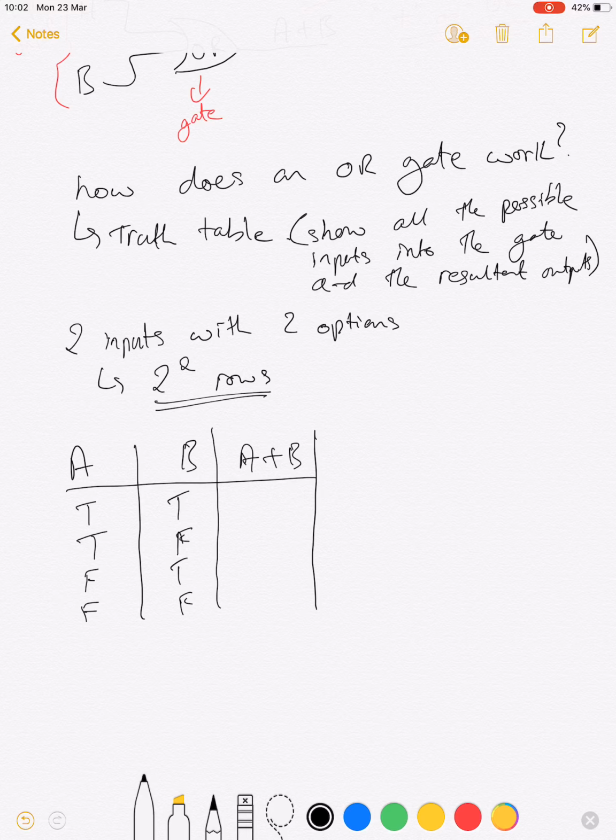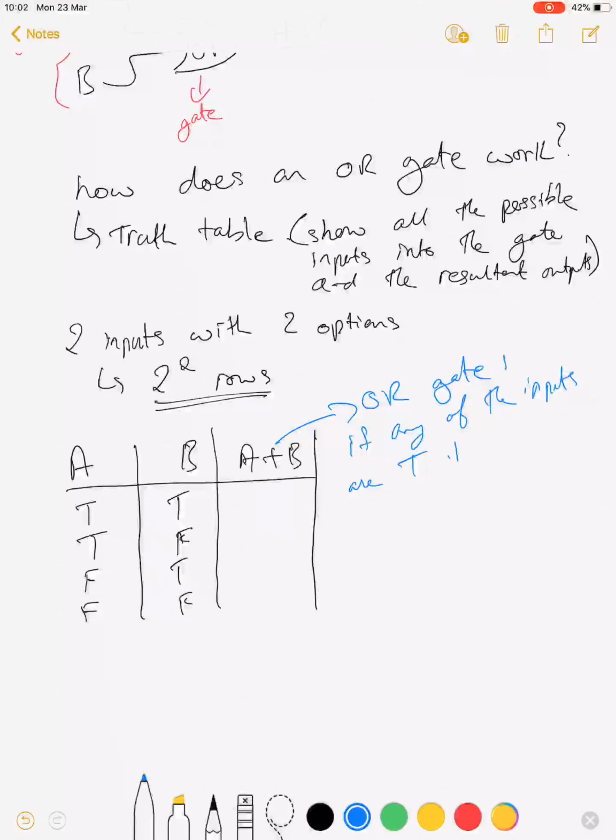Now, the OR gate itself. We can say this: the OR gate will state that if any of the inputs are true, the resultant is true.